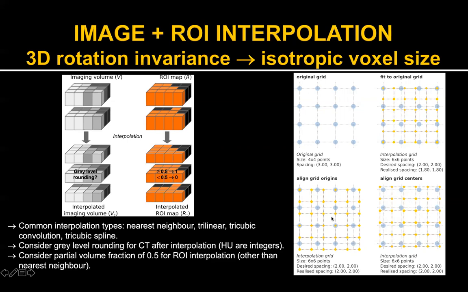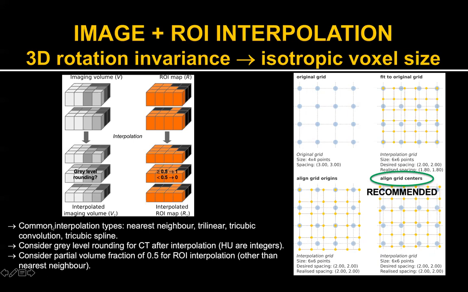So there are some guidelines that we've defined for the interpolation process involved in radiomics, where we recommend to align grid centers together. For more details, I'll be really happy to discuss this afterwards.